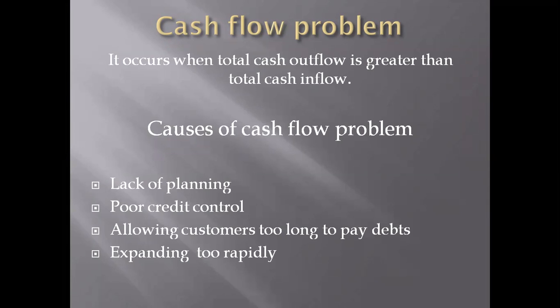But if you spend too quickly, as I just explained, it may lead to a cash flow problem, because more cash outflow will be there as you are expanding, opening the second, third, or fourth branch. But right now you are not getting the maximum sales from your outlet.